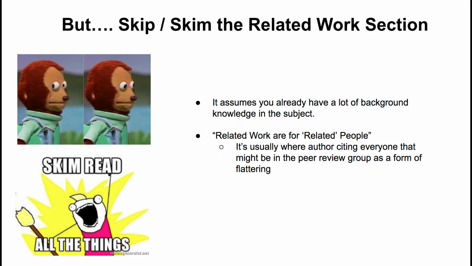The other inside joke is that related work sections are for related people, because it's sort of a technique where the author cites everyone that could potentially be in a peer review group as a form of flattery, because the importance of a paper depends on the amount of citation. So it's a technique where the author says, oh, I like all the reviewers' papers, let me put them in my related work section. So that's why you should skip or skim through those.